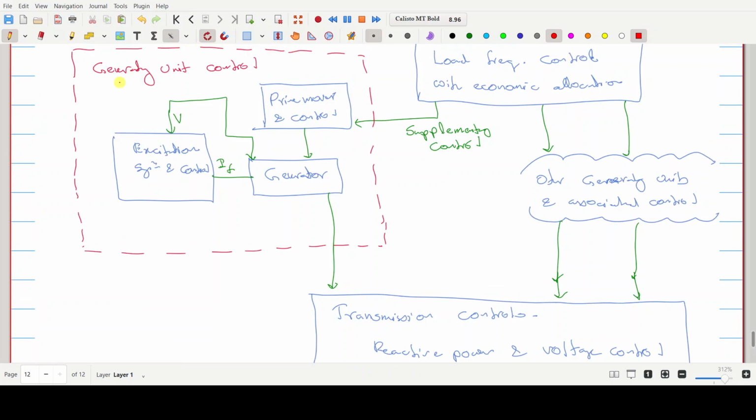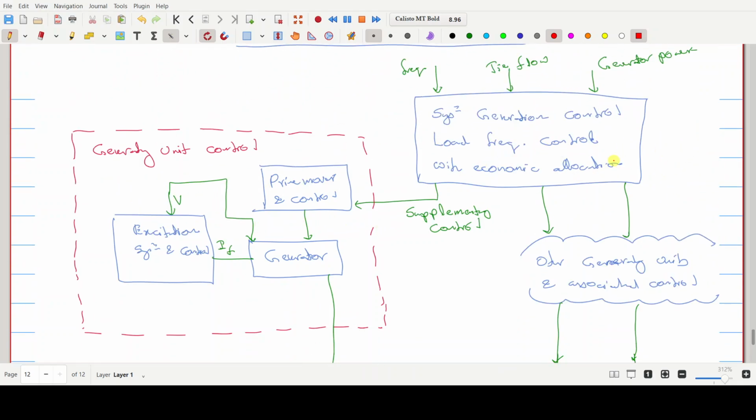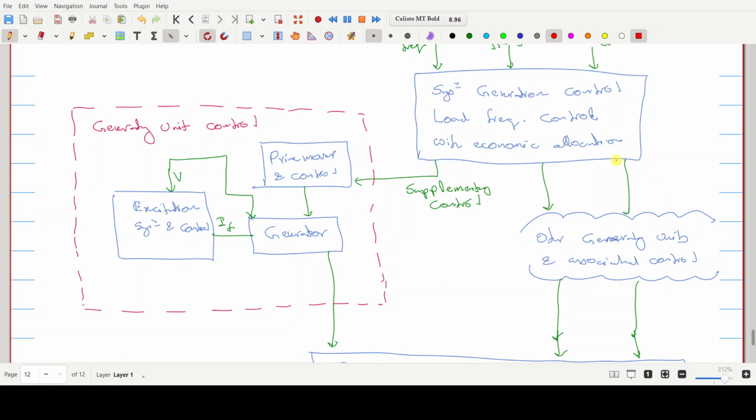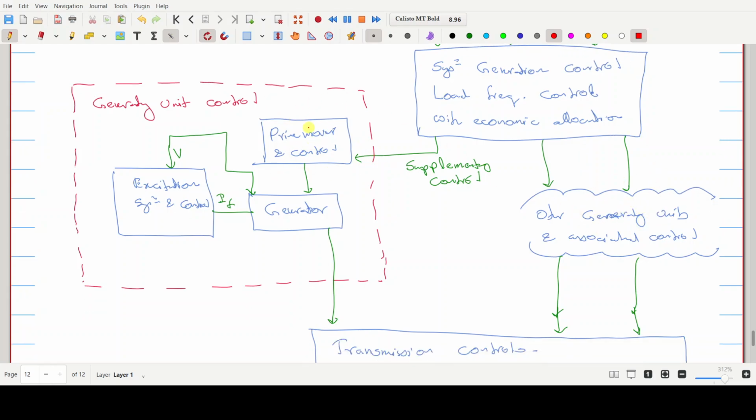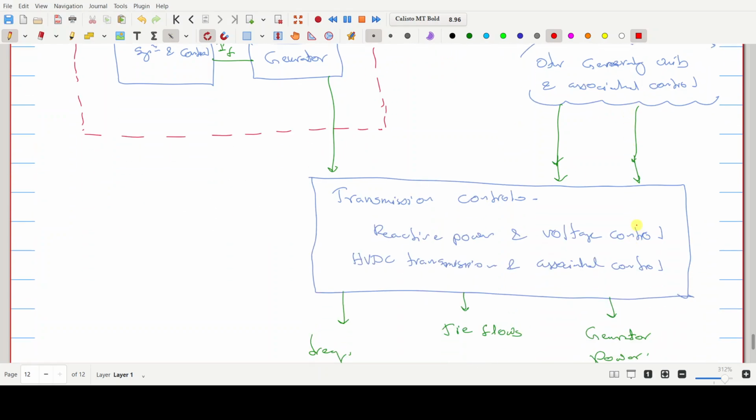So this is a single generating unit, right. There could be many such generating units performing the automatic generation control, and all those controls will eventually be seen by the transmission line.